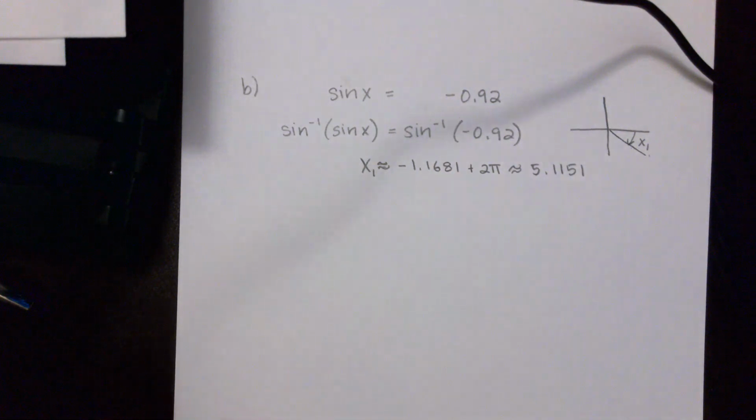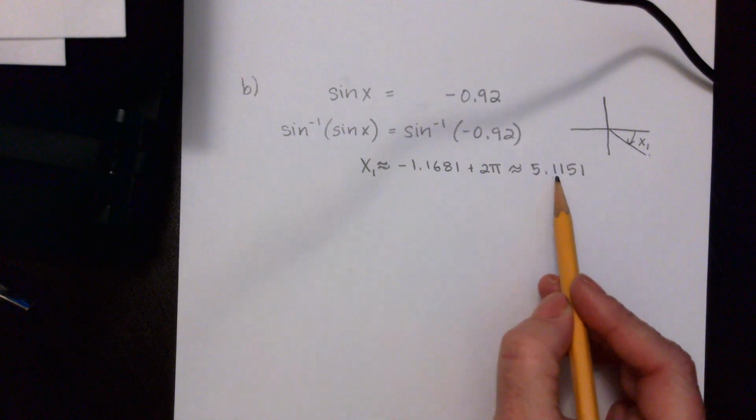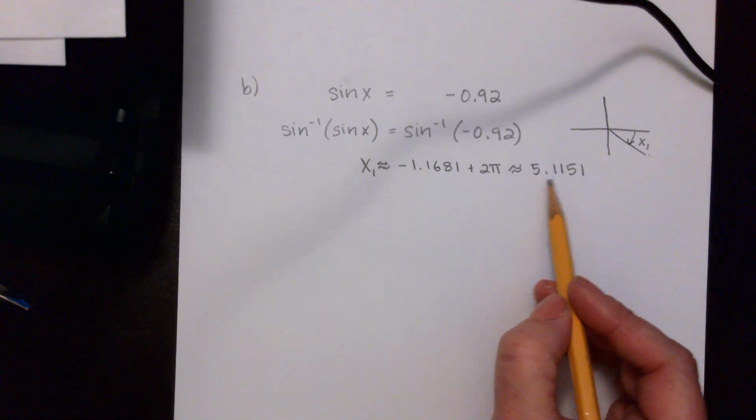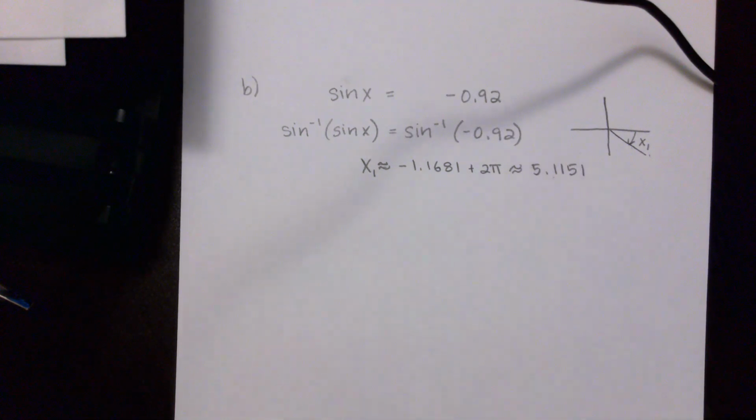Okay, and now I have a value that's between 0 and 2 pi. 2 pi would be 3.14 times 2, which is about 6.28. So because this number is between 0 and 6.28, I know that I have a value that's between 0 and 2 pi.